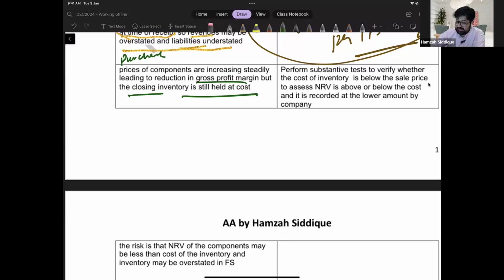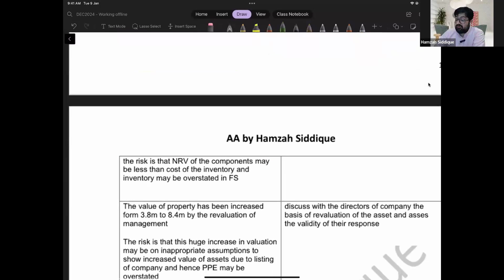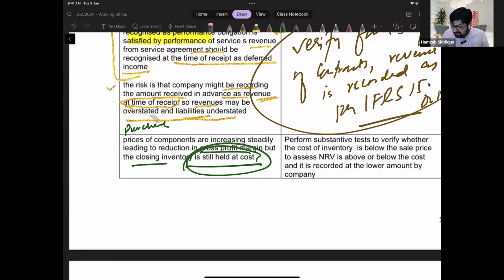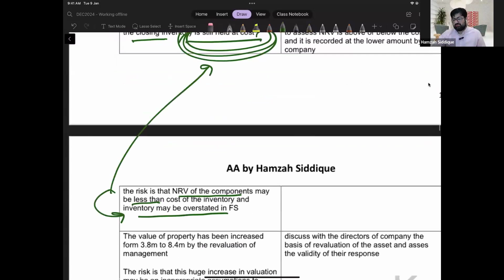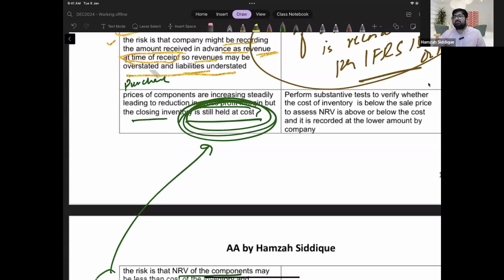What is the risk? The risk is that the NRV of the component may be less than the cost, and inventory may be overstated in the financial statements because of that. Because it is still held at cost. You know the linkage.